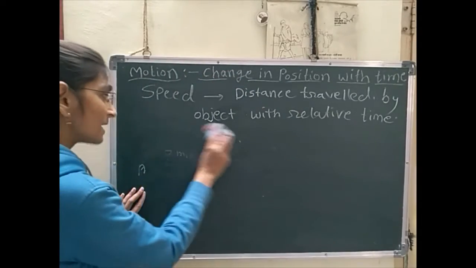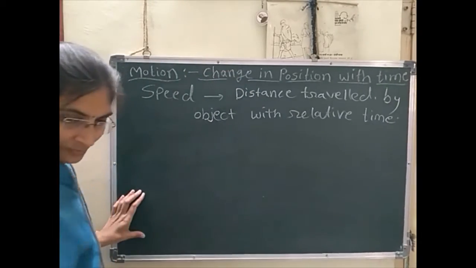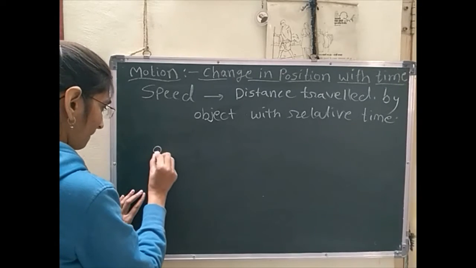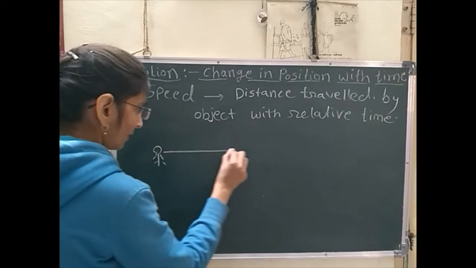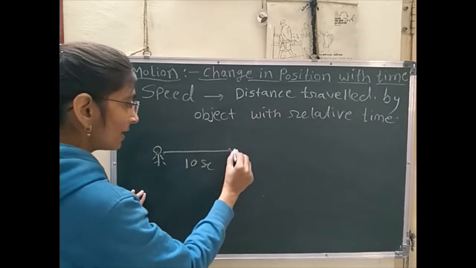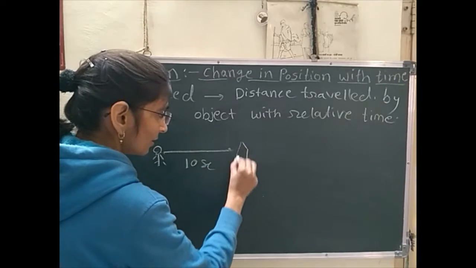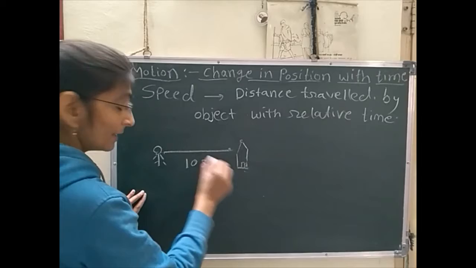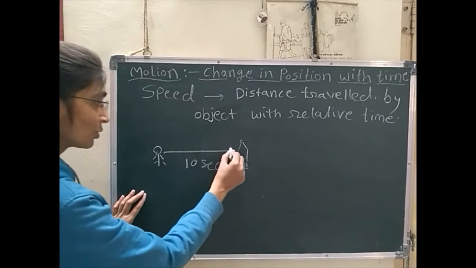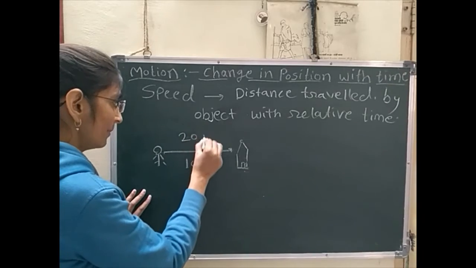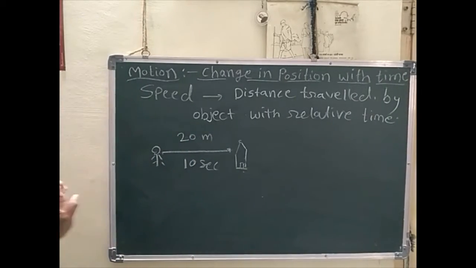So again one example we will take. Suppose within 10 seconds that fellow travels to this house, and the distance is 20 meters.